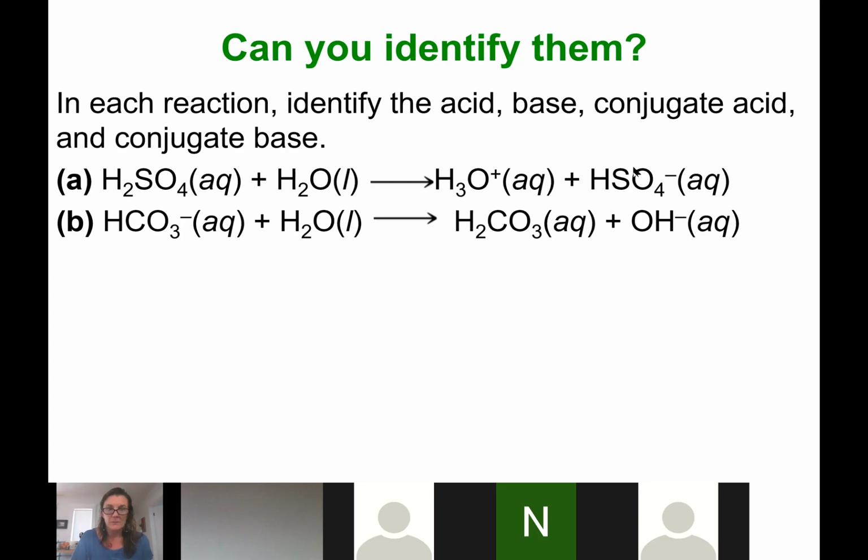Which form is the acid form? The H2SO4. Yeah, okay, so this is the acid. And as long as I have this correct, water must be acting as a base. And I can check that by looking at what water is paired with on the other side.